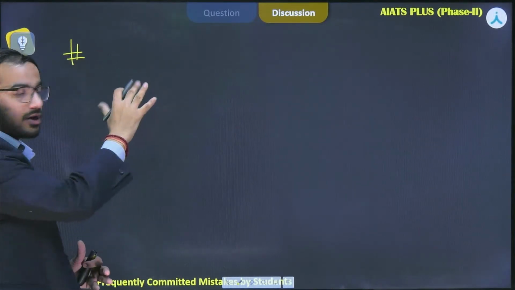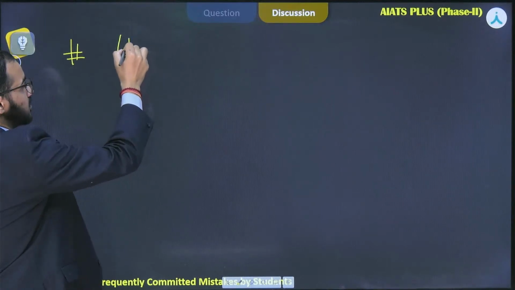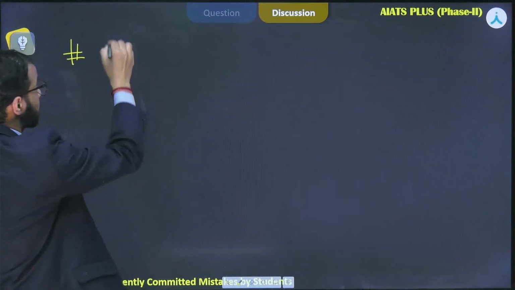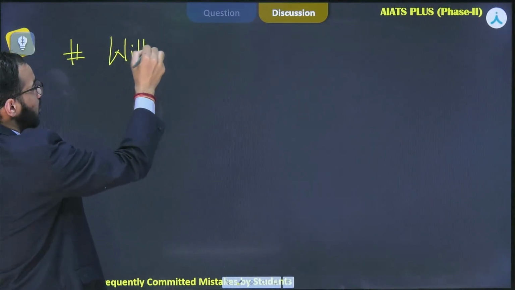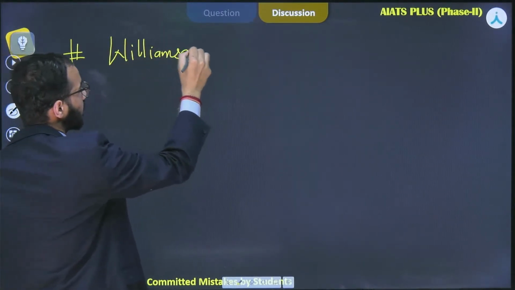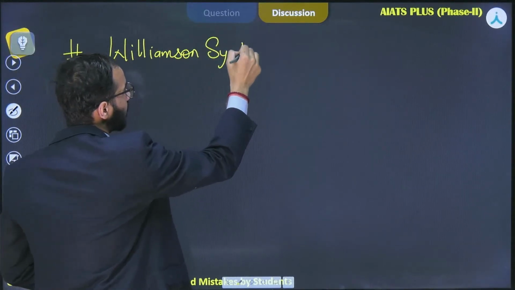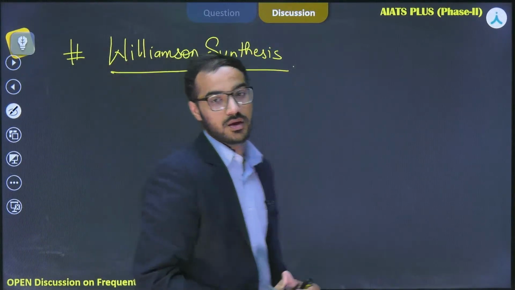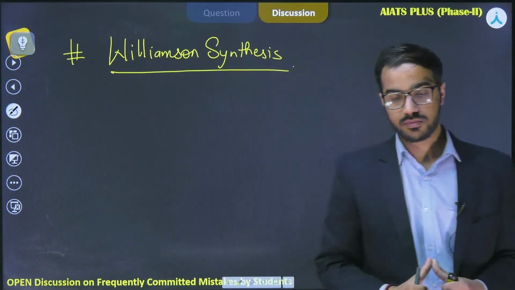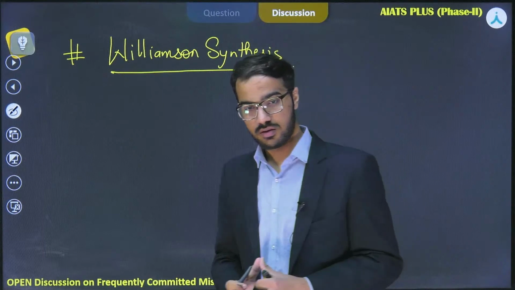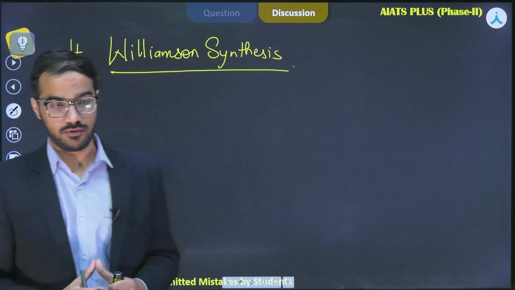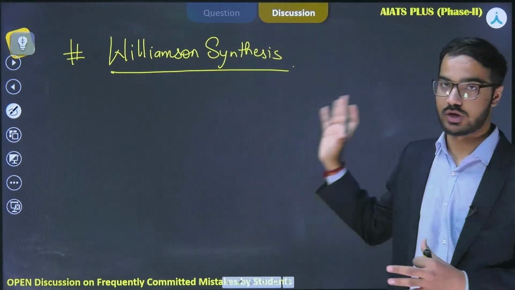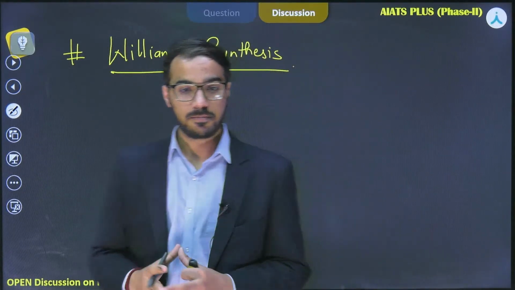You must be aware of the term Williamson synthesis, and this question is regarding the same. Okay, we will definitely clear your confusion regarding it, but before that you can go with it.